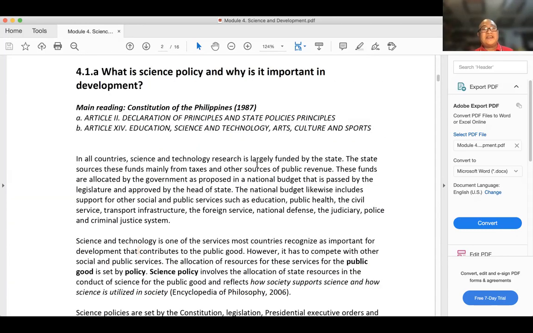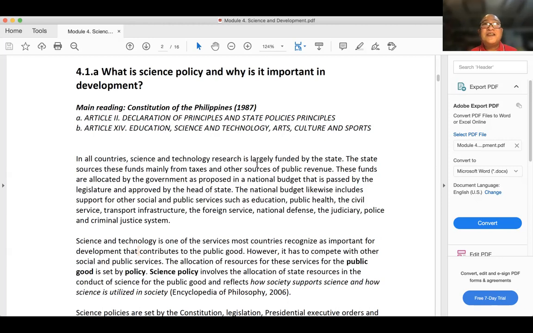Now, in the Philippines, much of the science policy is actually in our laws right now. I would like you to read, and you can easily Google this from the official site of the Philippine government, the Declaration of Principles and State Policies in Article 2 of the Constitution of the Philippines, and Article 14, on education, science, technology, arts, culture and sports.